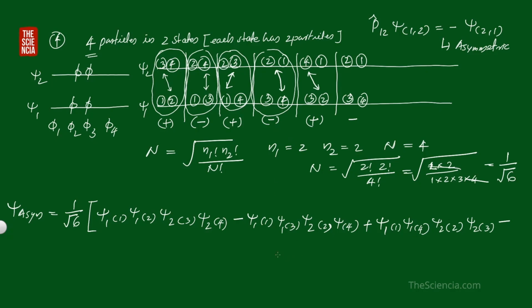Okay, so please fill in the remaining terms also, and you can write the symmetric wave function as 1 by root 6 with all terms positive. Okay, here substitute plus and here also plus, and all the terms have a positive sign. Then you will get the corresponding symmetric wave function of the space part of these particles.